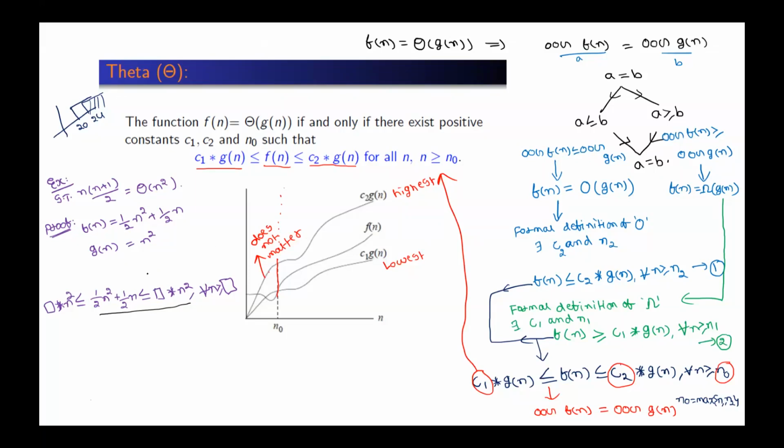Okay, next. What about C1? C1 is 0.5. C1 is 1 by 2.